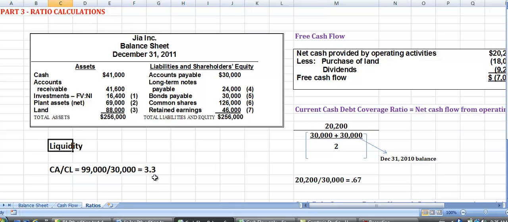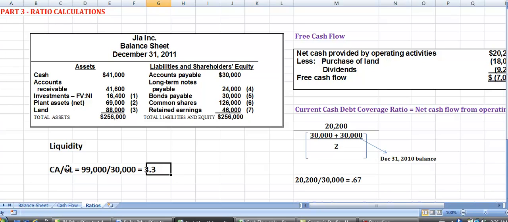We weren't asked in this question to calculate liquidity, but if we did, we would see that they have a strong current asset to current liability ratio. Their current assets in total are $99,000 if we take the cash, the AR, and the fair value through net income investments. If we add these up, we've got $99,000, and we've got $30,000 in current liabilities.